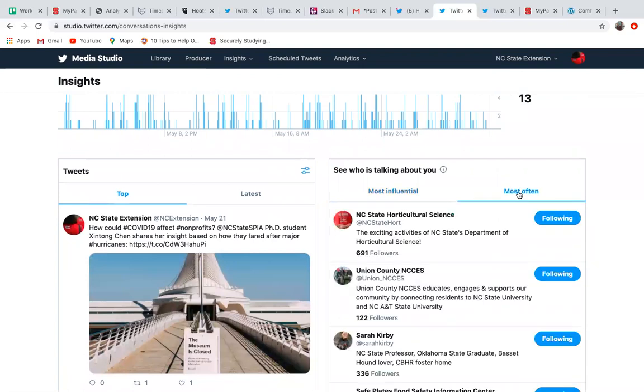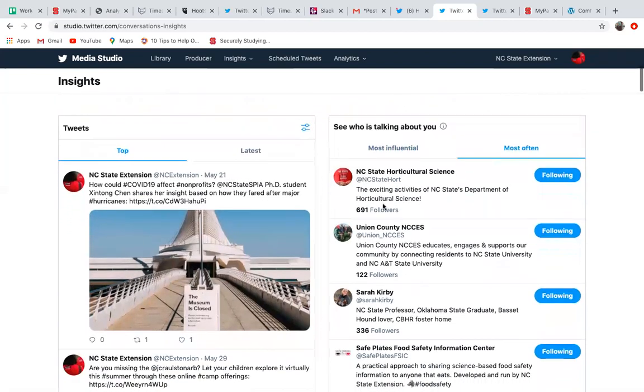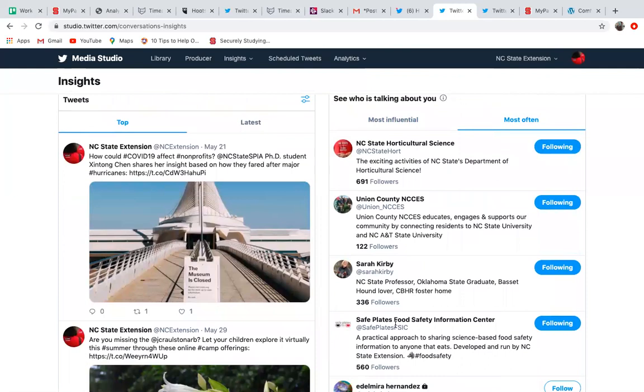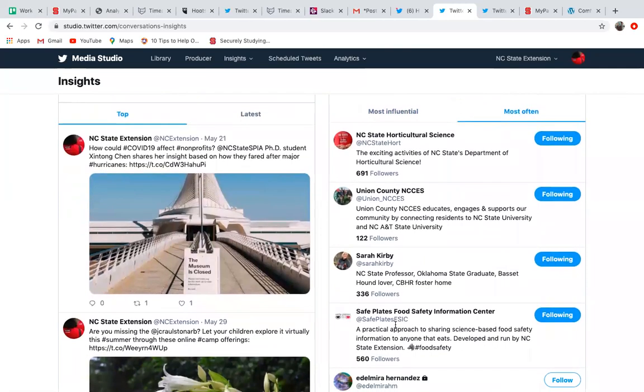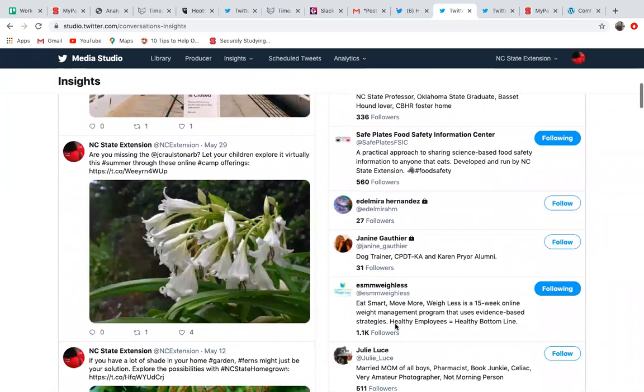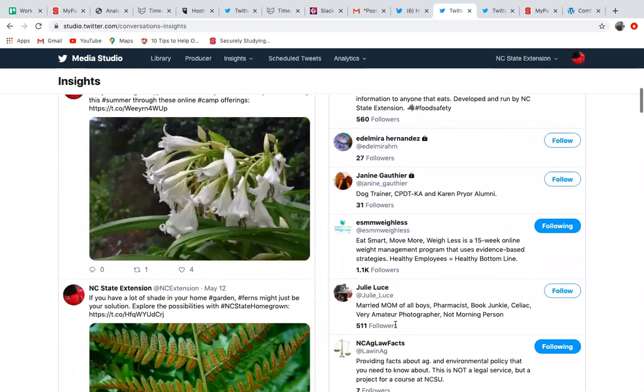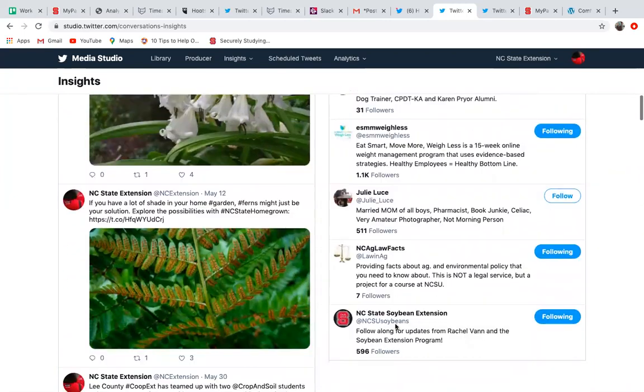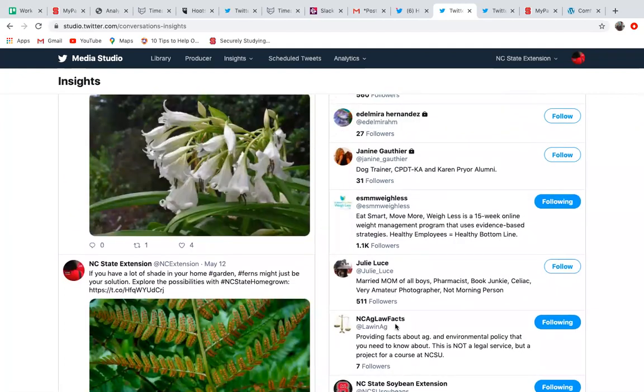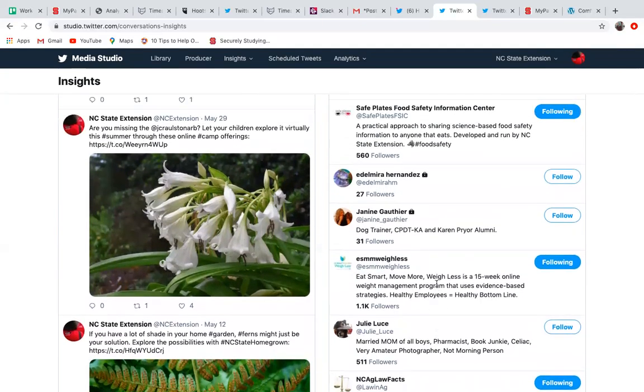You can also look at who has tweeted the most often about you. As you can see, one, two, three, four, these four accounts are all affiliated with Extension in some way, so that makes sense. But then there are some other accounts down here that aren't necessarily affiliated with Extension, so I might click into their accounts, investigate a little more, and then see whether I might want to give them a follow.